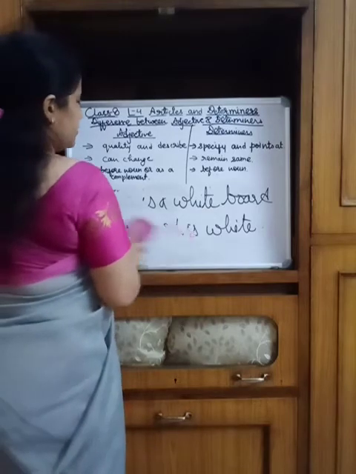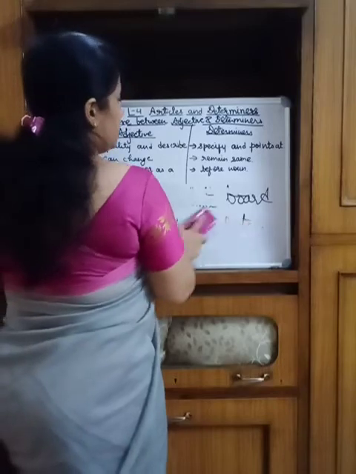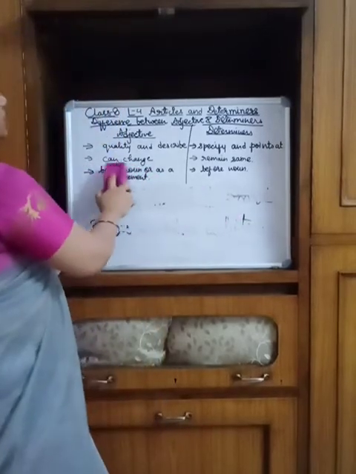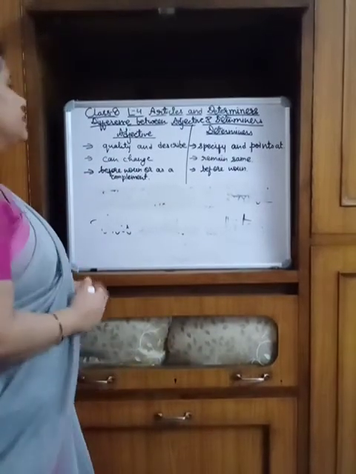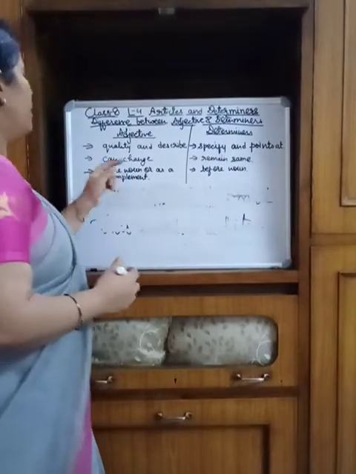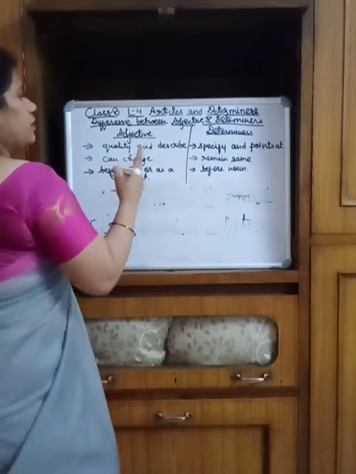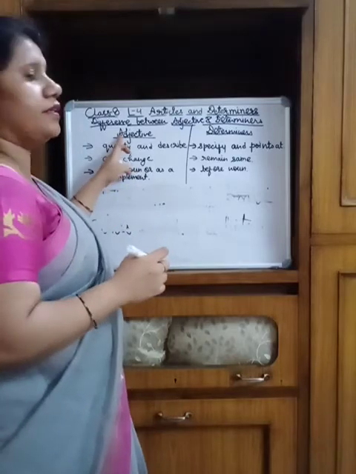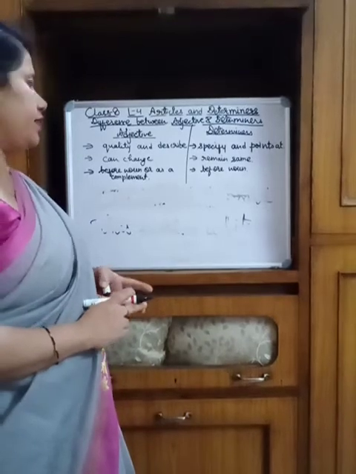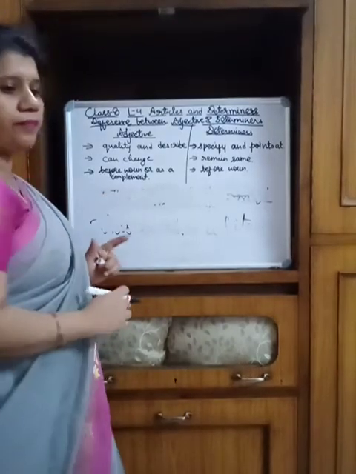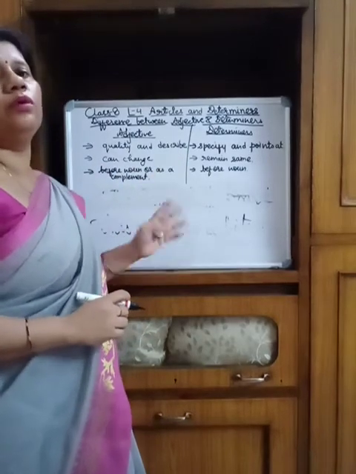Now the second difference is that adjectives can change, but determiners remain the same. Suppose we take the three degrees of the adjective: positive degree, comparative degree and superlative degree. Good, better, best. Then weak, weaker, weakest, beautiful, more beautiful, most beautiful.